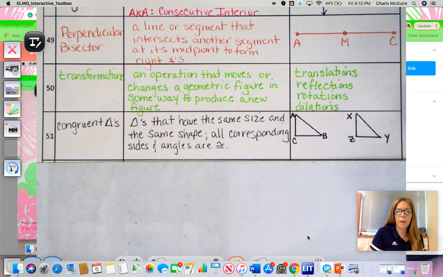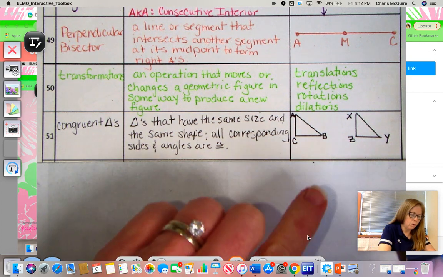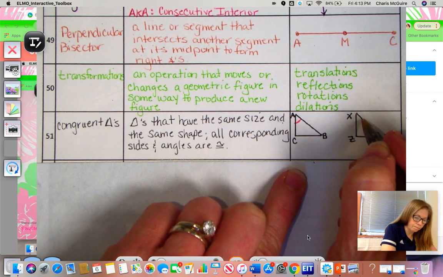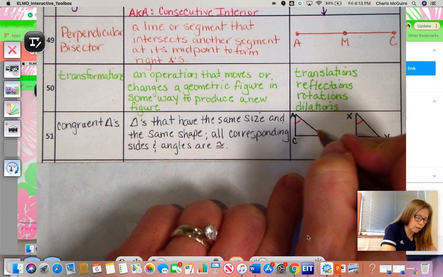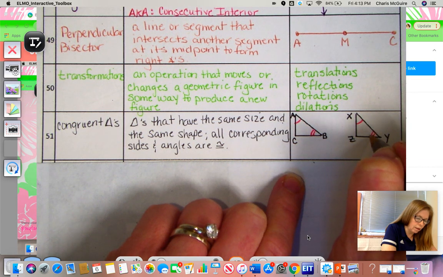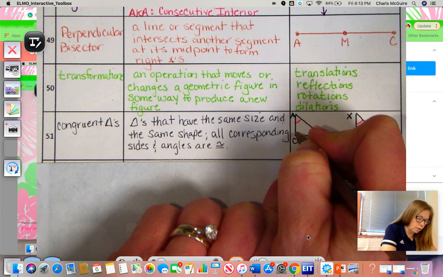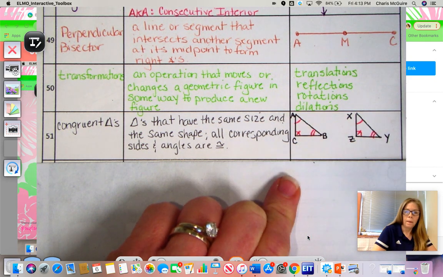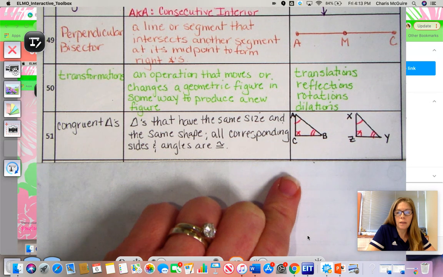All right, so I'm going to grab a pen, and when we look at these triangles, I'm going to tell you that angle A is congruent to angle X, and also angle B is congruent to angle Y, and angle C is congruent to angle Z. All right, so you can see the corresponding angles that are congruent to one another. And really, that's enough for you to understand which side should correspond to each other.